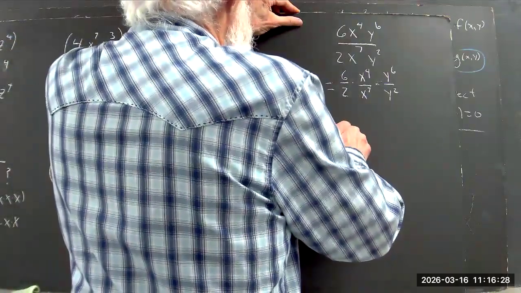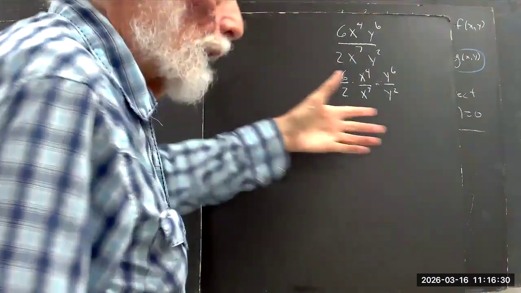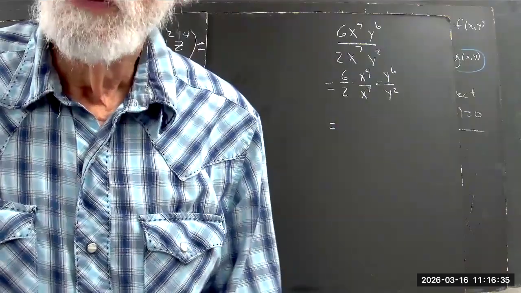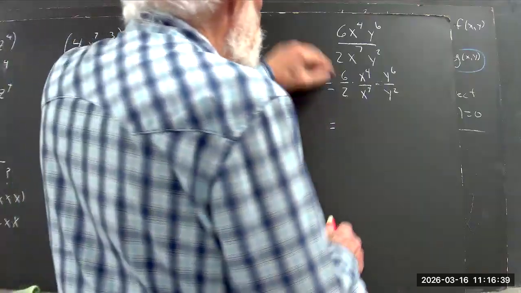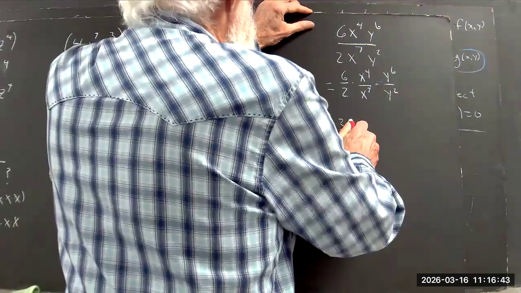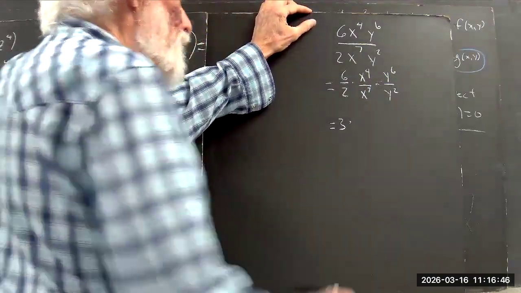Now, without using rules, I'm going to show you how this works out, and then I'm going to show you how you do it using the rules, okay? We don't need any fancy rules. We can divide 6 by 2. Let's just take care of that. That's 3.